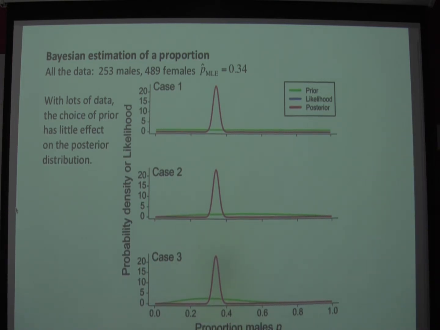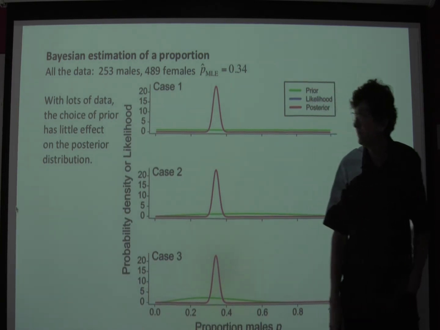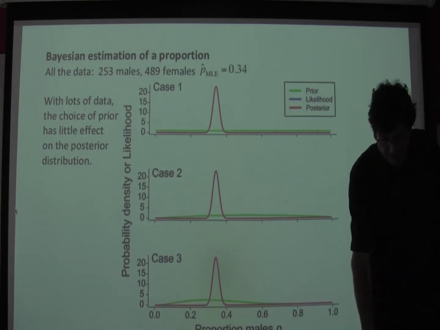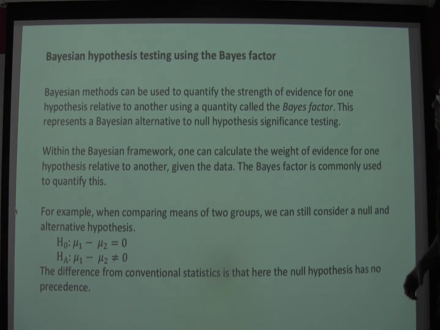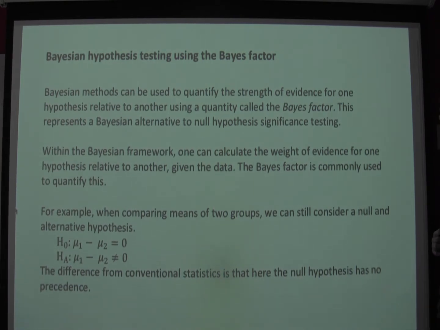Okay, so how far are you willing to go with this approach? How useful is this? What can one do with it? Well, there's been a lot of argument in the literature.